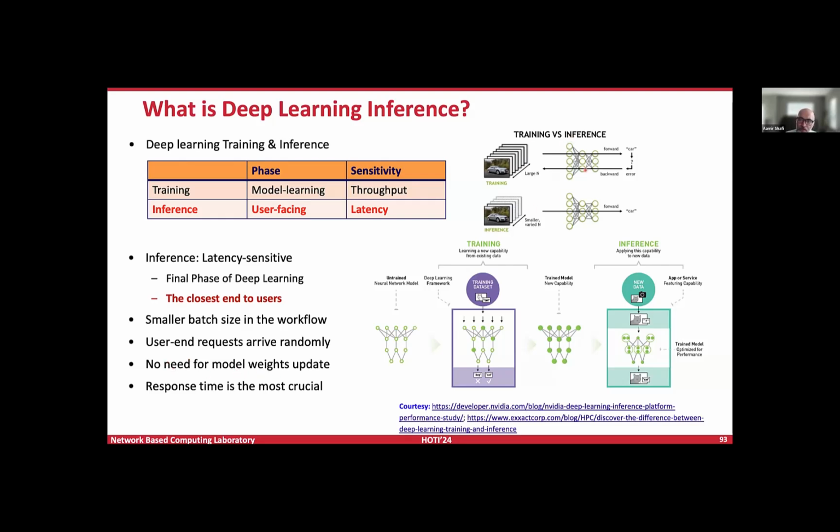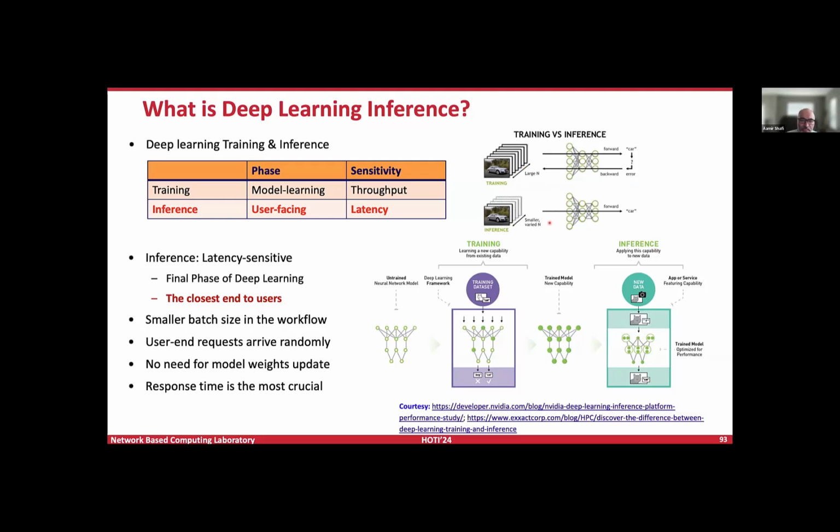For example, in this top figure, the top is training and the bottom is inference. When we are doing training, there is a forward propagation, followed by an error calculation and a backward propagation. The reason we do this backward propagation is that we would like to adjust the model weights, so it does better for the next batch of data.